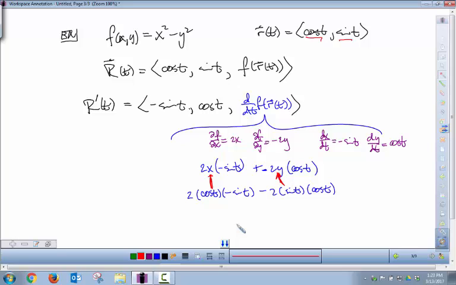Okay, so now we have our derivative. I suppose we can simplify this, right? Negative 4. So that's your derivative. At least that's the z component of your derivative. But this is where we use a chain rule.